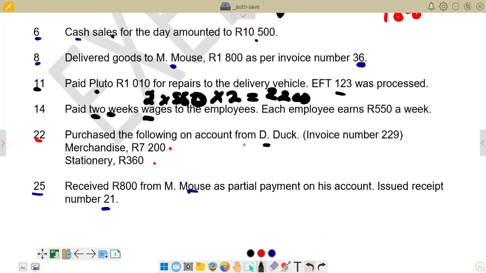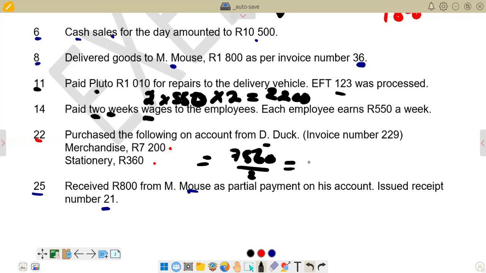You would see that if you add our 7,200 to 360, we got 7,560. So we are saying we paid half of the amount, which means we're going to divide by 2 to get the half.